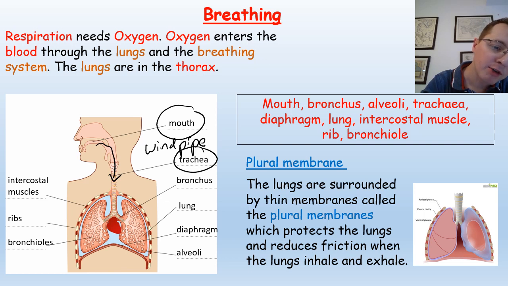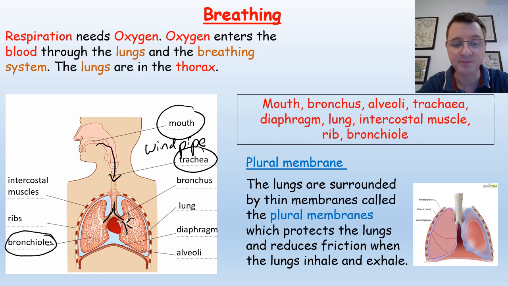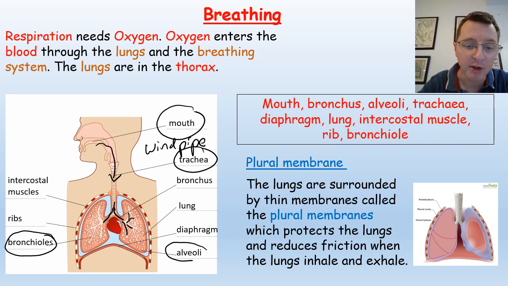The trachea will then split into two bronchi, one for each lung. These bronchi will then split into many smaller and smaller tubes known as bronchioles. At the end of each bronchiole, there is a small structure called the alveoli, and the alveoli is where gas exchange takes place and the oxygen will move into the blood from the air.